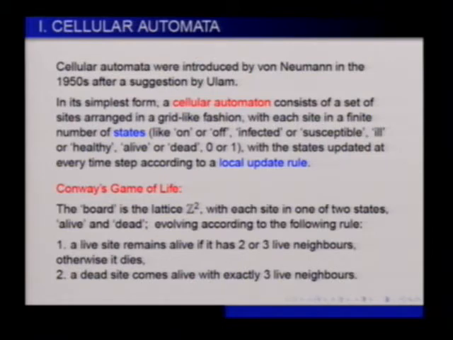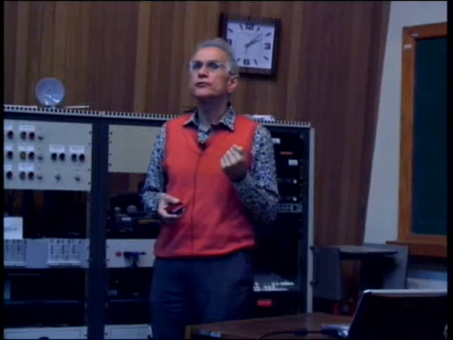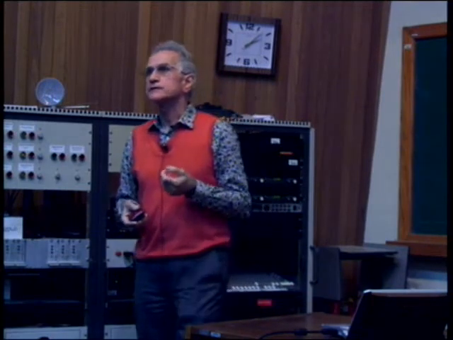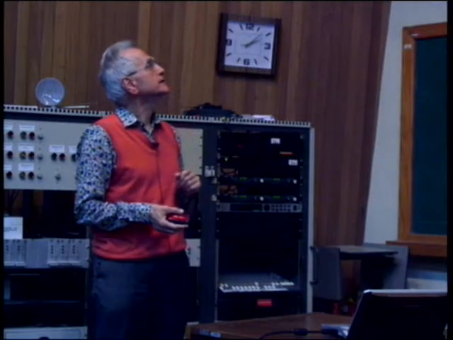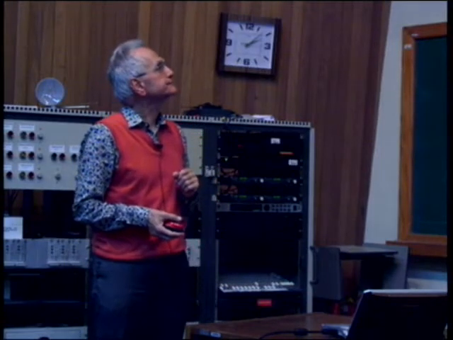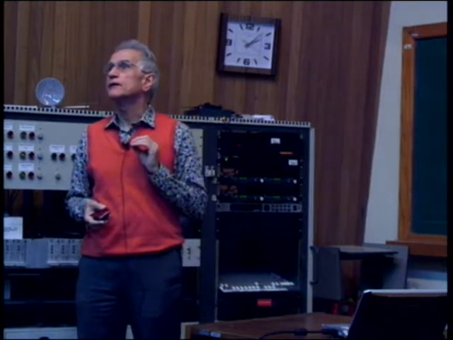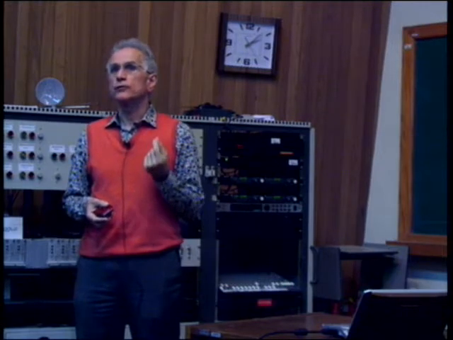But that's not our topic for today. Just a reminder that strictly speaking, it wasn't von Neumann who introduced it. There were earlier attempts at modeling the brain, and that was already a cellular automaton.